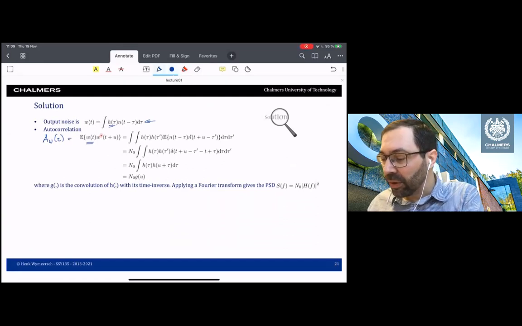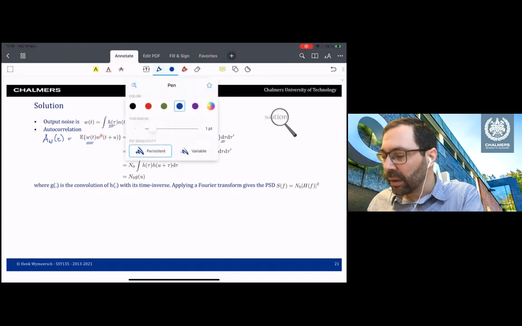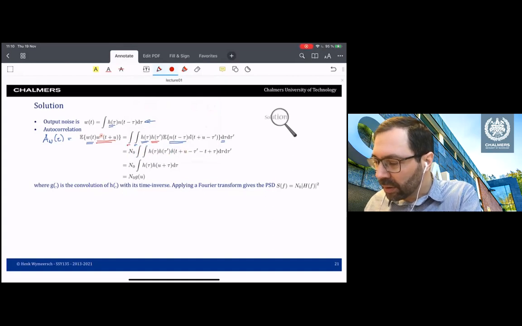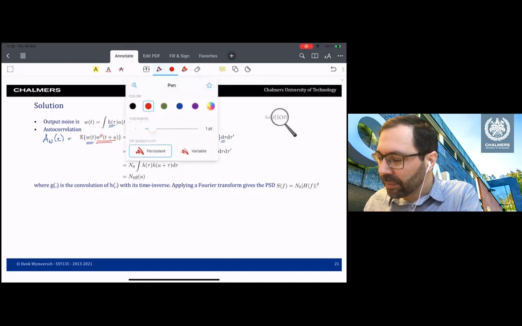Let's see where w of t is. This is the integral of h of tau times n of t minus tau d tau. And then with a different color we have this other integral with h of tau prime. I think there should be a complex conjugate.